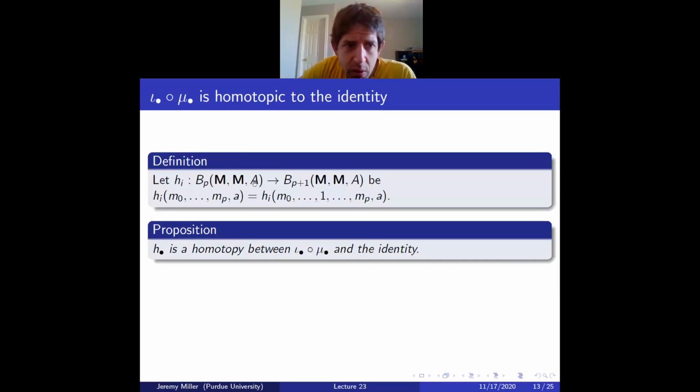We need p+1 maps, and I guess we have p+1 slots, and you just sort of add a 1 in the ith spot. By add a 1, I mean, maybe these are operadic coordinates. I'll write in text.